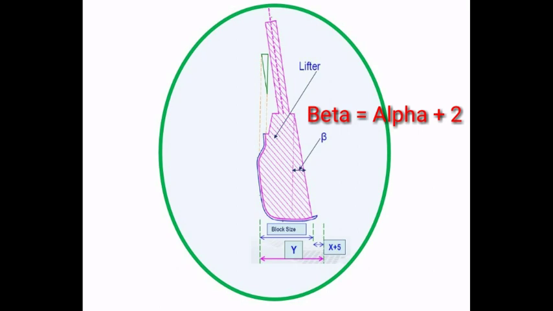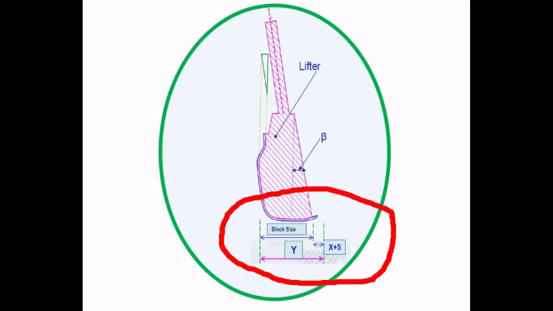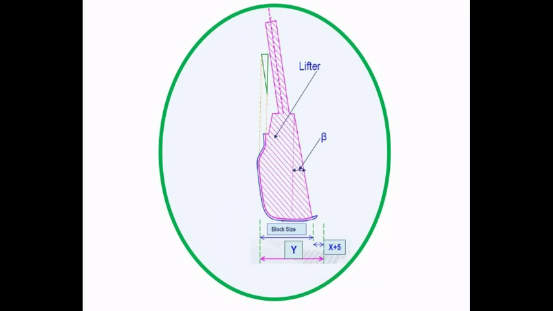So we are providing 2 degrees extra, and for the lifter travel we are providing 5 mm clearance, that is X plus 5, that is the lifter travel distance. And for the lifter movement we are considering the lifter block plus the lifter travel distance, that means lifter block plus X plus 5.